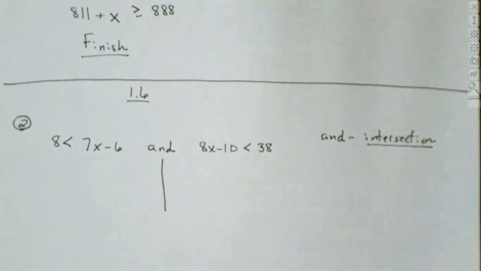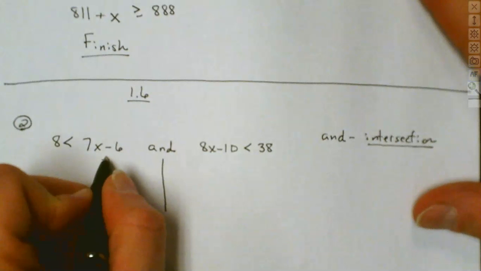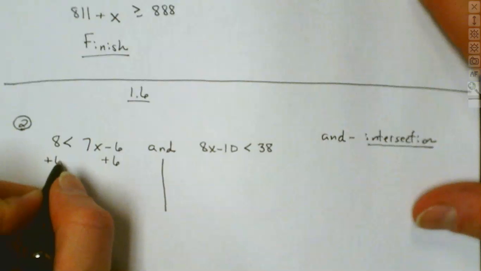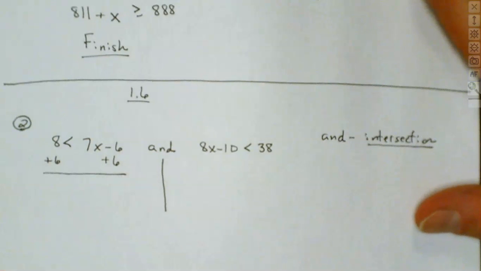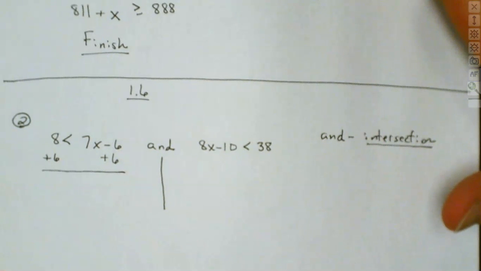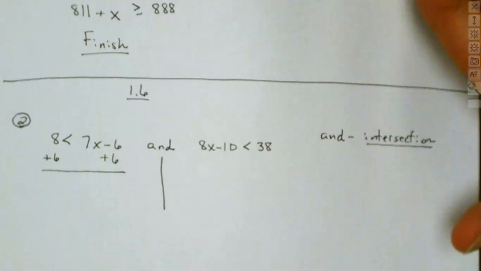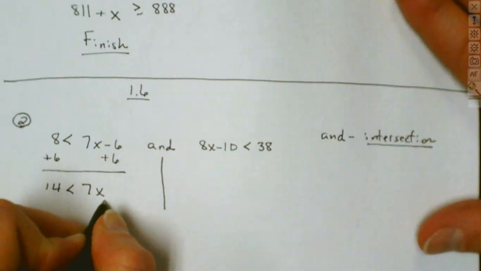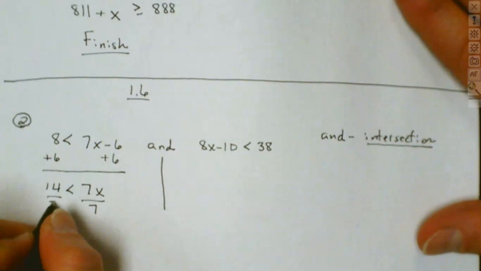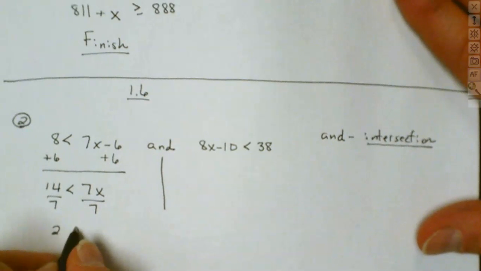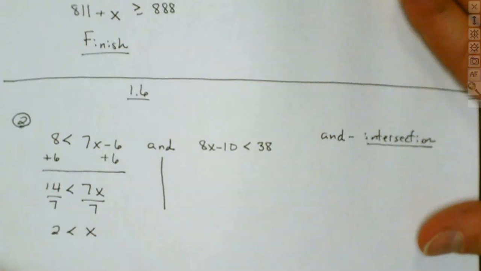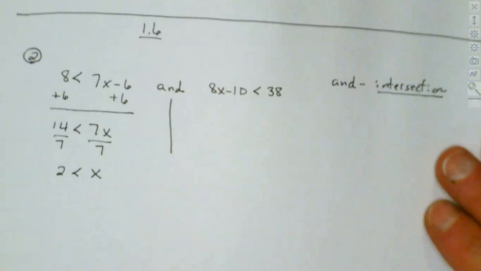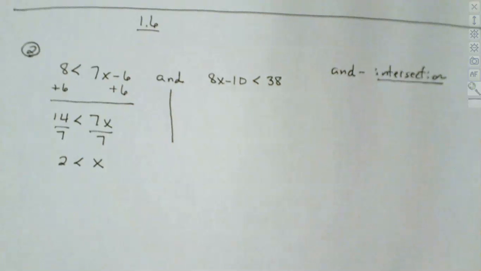So I'm going to begin by moving that 6 over. Then we've got the 8 plus the 6, that makes it a 14. We'll divide by our 7, and that gives us our 2 there. Now, be very careful with this one. We want to make sure that we have that x on the left.